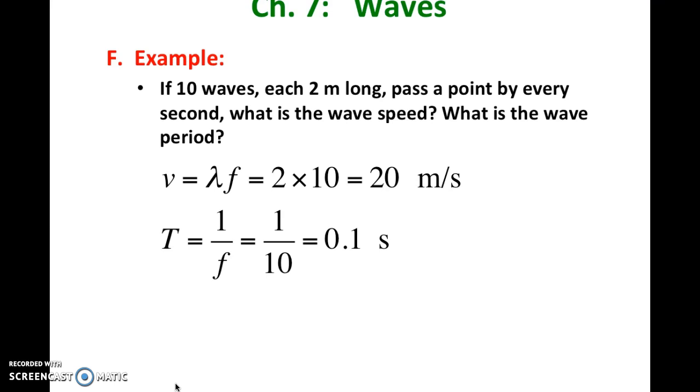Substituting 2 meters as the wavelength lambda and 10 waves per second as frequency f, we can find the wave speed equals 2 times 10 equals 20 meters per second. The wave period is the reciprocal of the frequency f, equal to 1 over 10 equals 0.1 second.